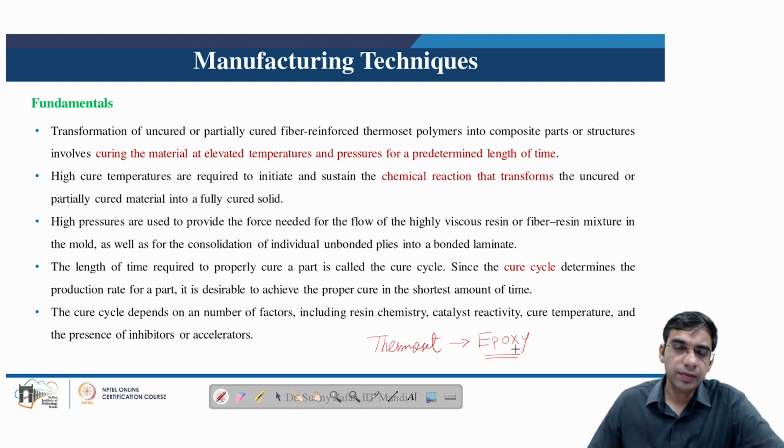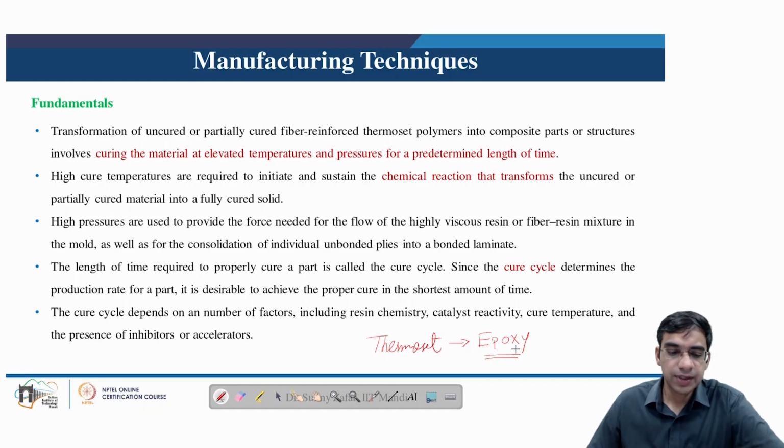So we need to have appropriate temperature and pressure so the consolidation between various layers of the composite can take place, and this heat and pressure has to be applied for a sufficient amount of time so that the complete transformation of the liquid resin into a solidified thermoset takes place.